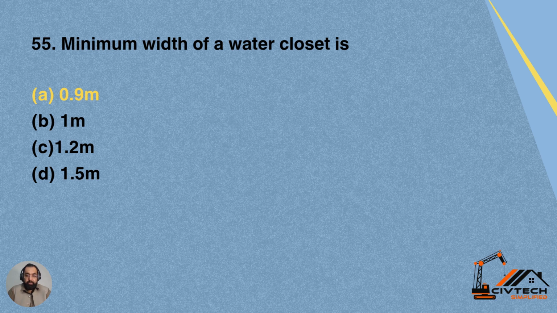Question 55. Minimum width of a water closet is: A, 0.9 meter; B, 1 meter; C, 1.2 meter; D, 1.5 meter. So the minimum depth of a WC should be 0.9 meter. So option A is correct for this question.